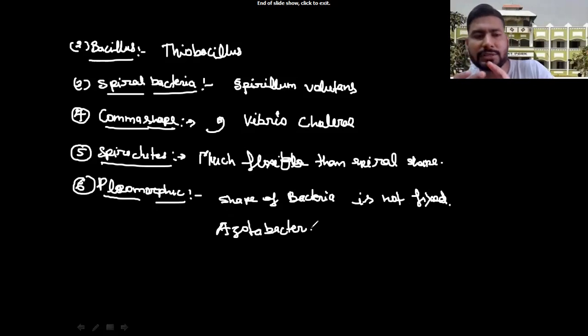Second, bacillus, the rod shape. Third is the spiral shape. Fourth is the comma shape, Vibrio cholerae. And fifth is spirochetes. This also looks like a spiral shape, but its length is more and it is flexible compared to spiral, because spiral bacteria are short and rigid. And pleomorphic means the shape of this type of bacteria is not fixed.